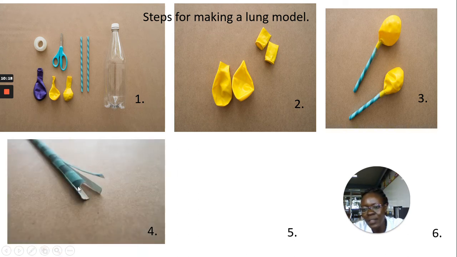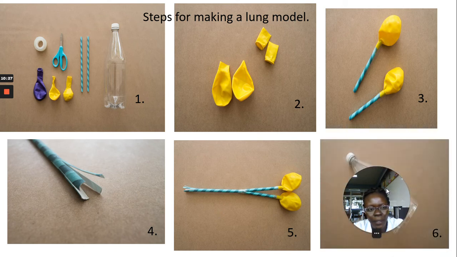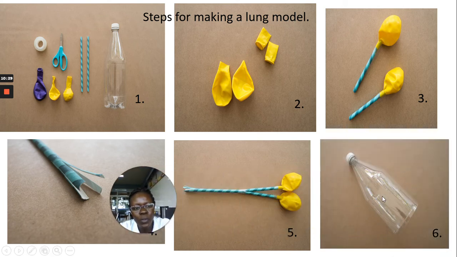Then you will need another straw and cut it like that. Then you insert these two there, then you tie them with the sellotape, and then you need to cut the bottle from this side. Then you have this one.